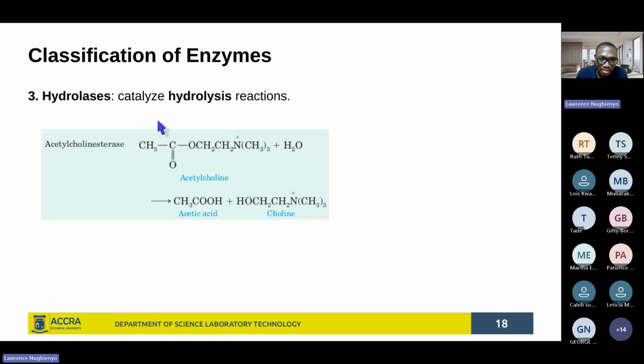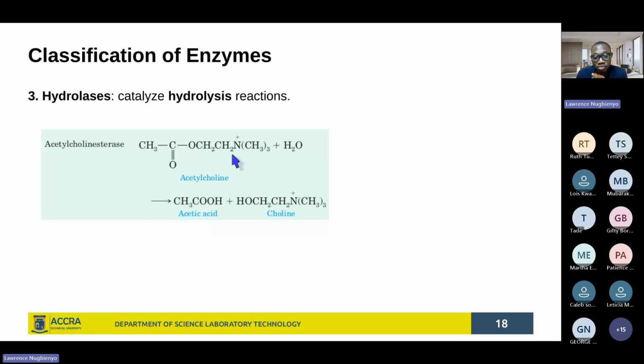So the acetic acid portion on the left is broken off, gives you that acetic acid, and the choline portion is now separate. That is a hydrolysis reaction. It's a big molecule, acetylcholine, which is broken down into acetic acid and choline.